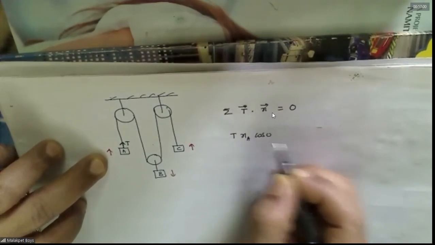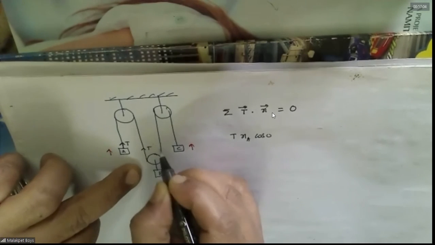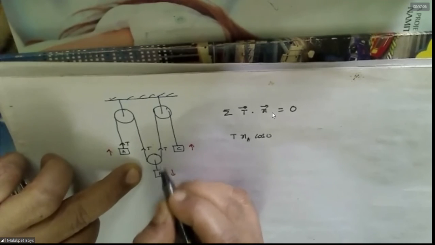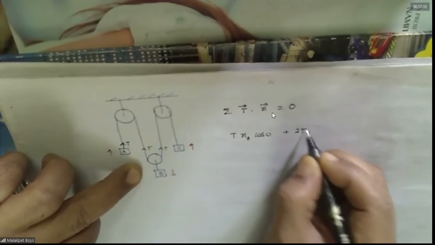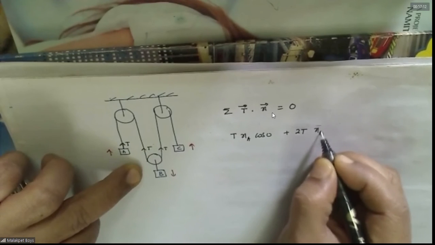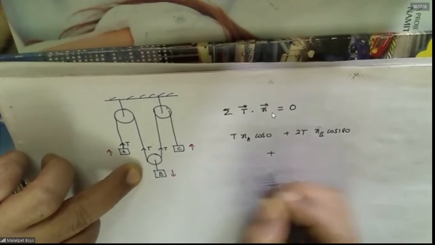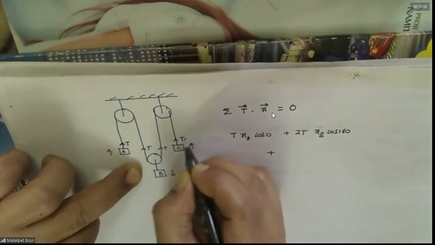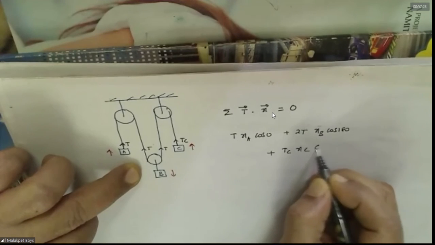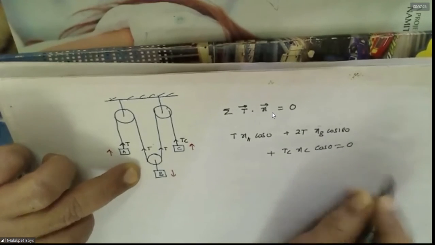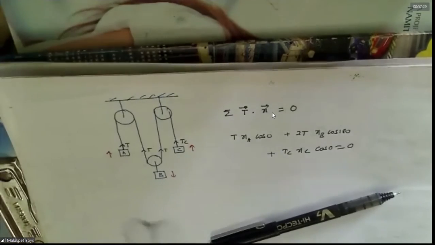For this block, this is T, this is T. This moves up, this moves down, no? Plus 2T xB cos 180, plus this is T xC cos 0. Do you get or not? Am I right? Yes.